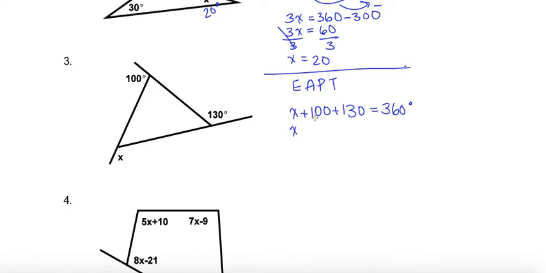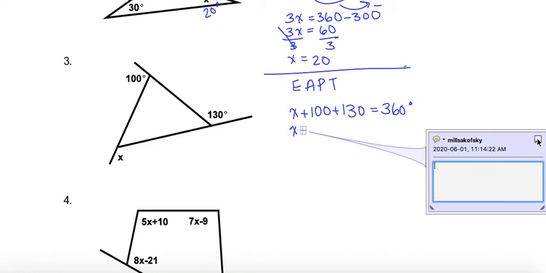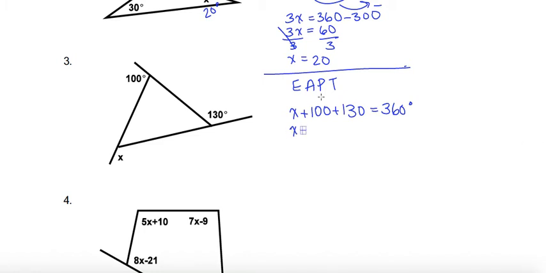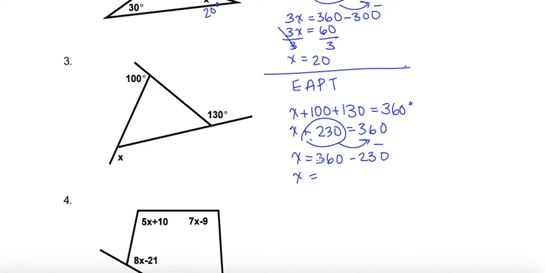Let's simplify this: x plus 230 is equal to 360. I'm going to move my 230 over, subtract it. So x is equal to 360 take away 230. So x is equal to 130 degrees.